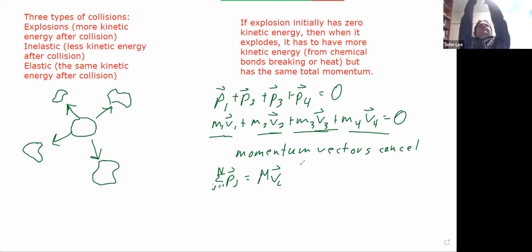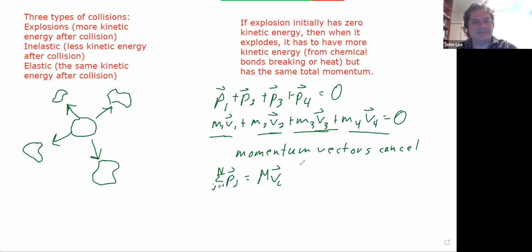So this isn't a case that you're going to see very often, but it is an interesting case. Of course, you see explosions very often in real life, like dynamite or fireworks.